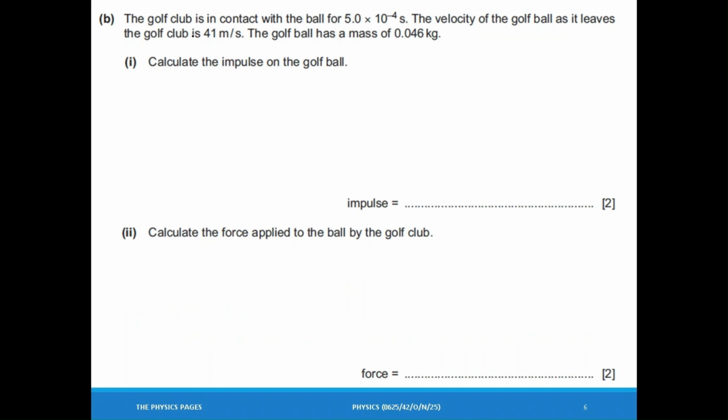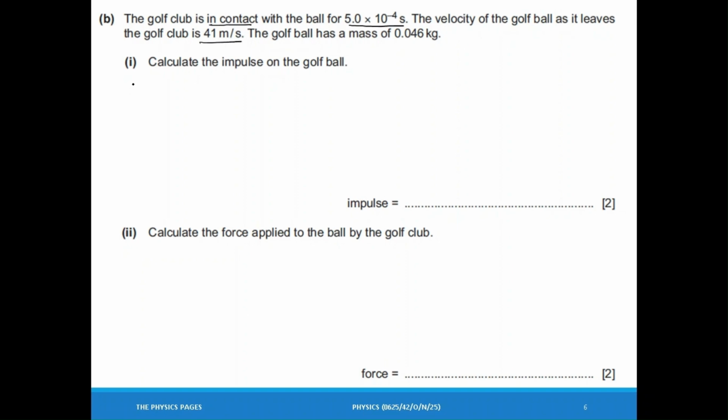Part B. The golf club is in contact with the ball for 5 times 10 to the power negative 4 seconds. It's around 0.5 milliseconds. The velocity of the golf ball as it leaves the club is 41 meter per second.